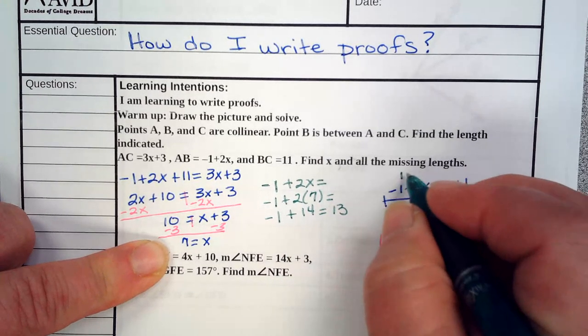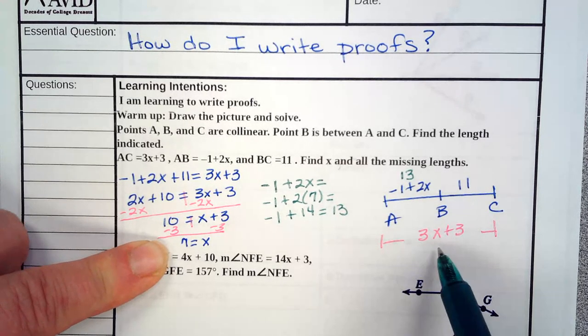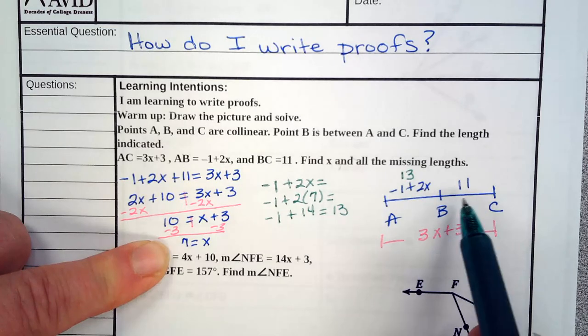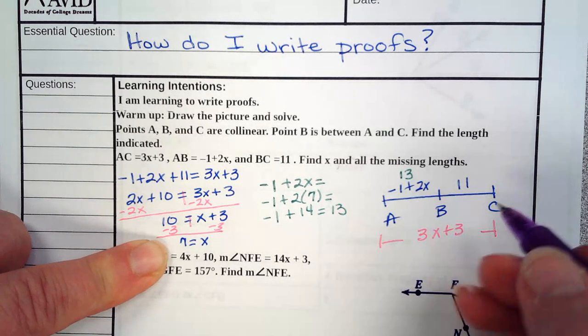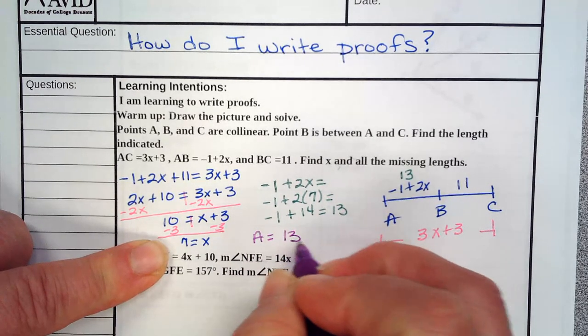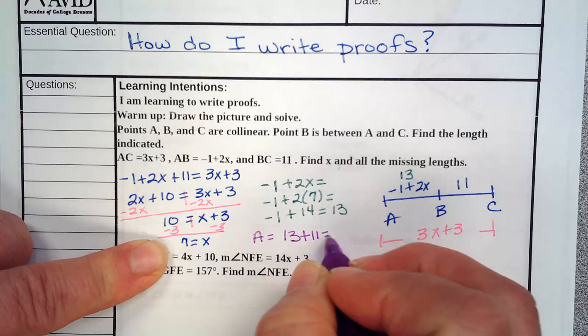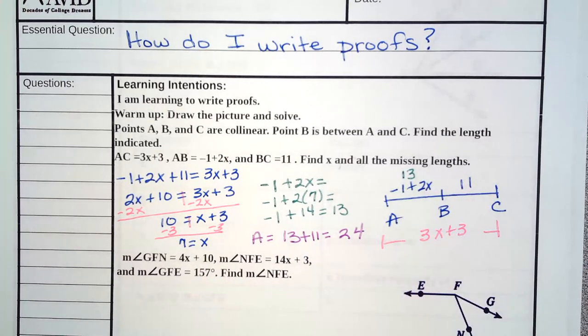So this is 13. Now, I don't need to use that expression. I can simply add together. So the length of AC is equal to 13 plus 11, which is 24. And we're done.